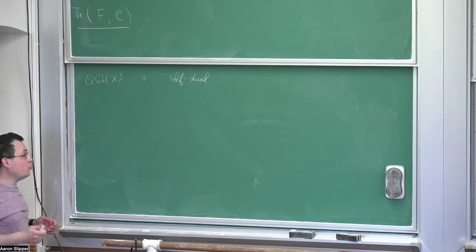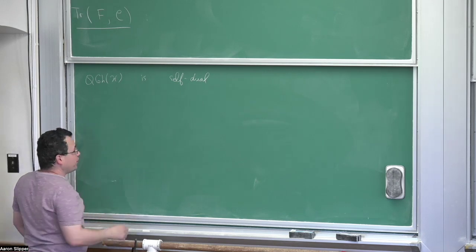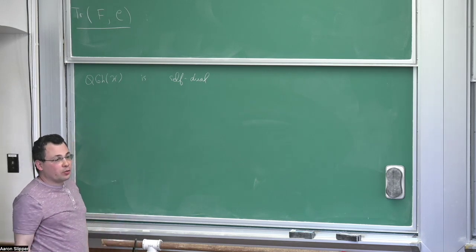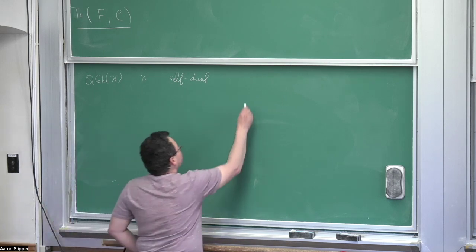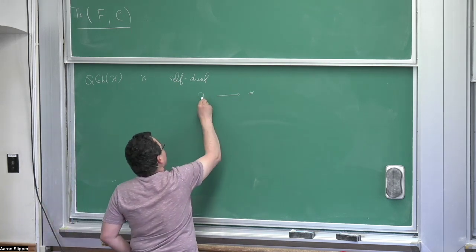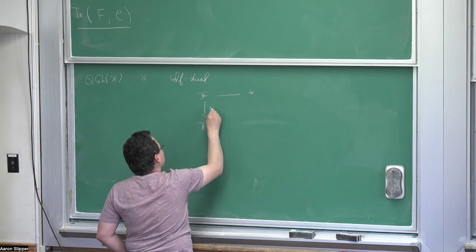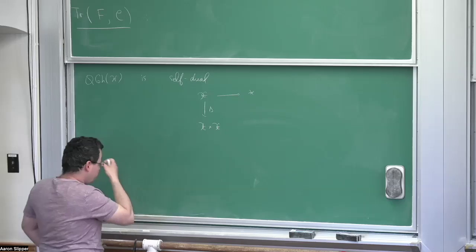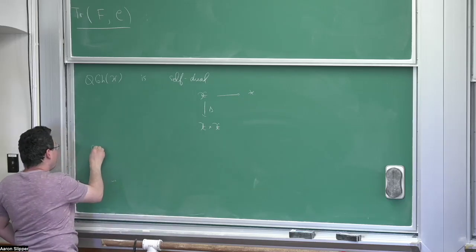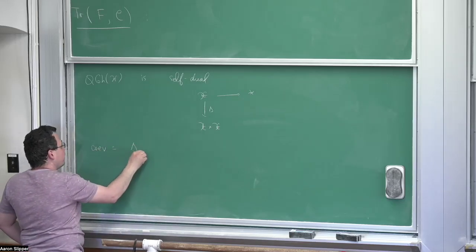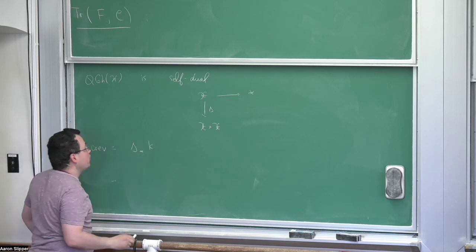The way it's self-dual is, let me write it in terms of geometry, in terms of correspondences, so that the diagonal, the co-evaluation is delta lower star of the unit.